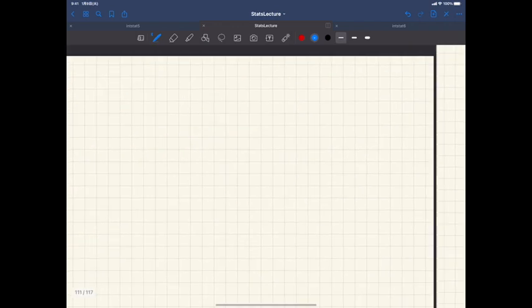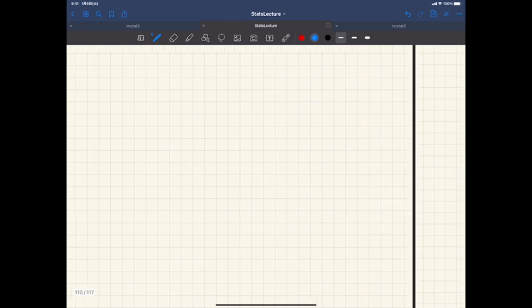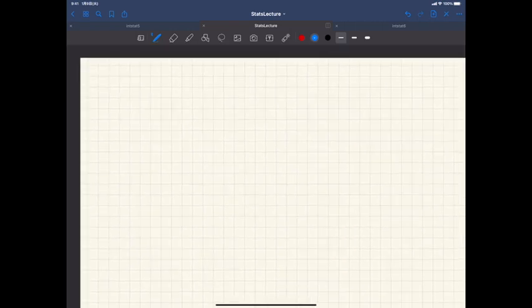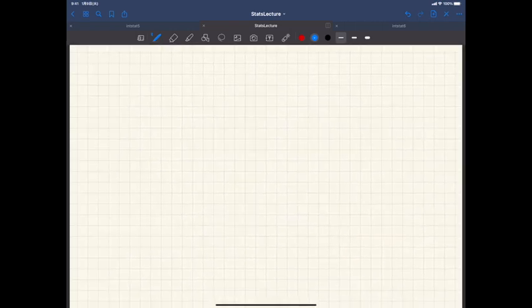Then let's differentiate the first derivative of the probability generating function again. So in this case, we have this.